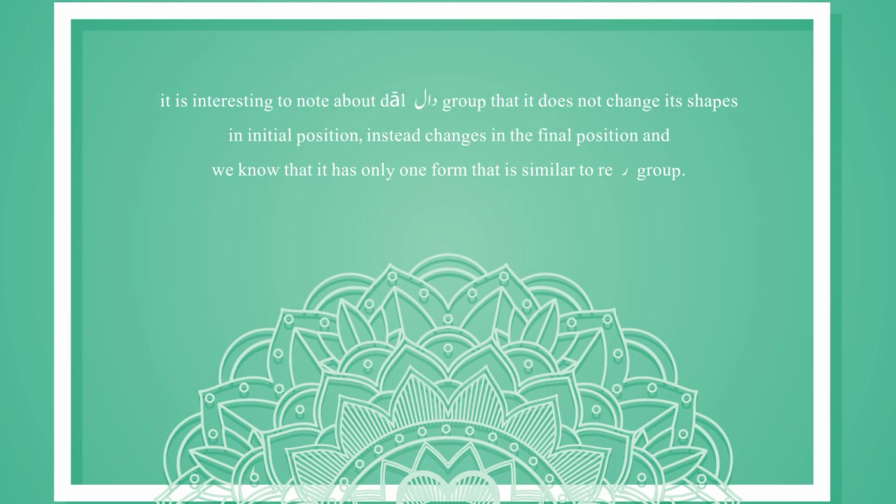It's interesting to note about DAAL group that it does not change its shapes in initial position. Instead, it changes in the final position. And we know that it has only one form that is similar to ray group.